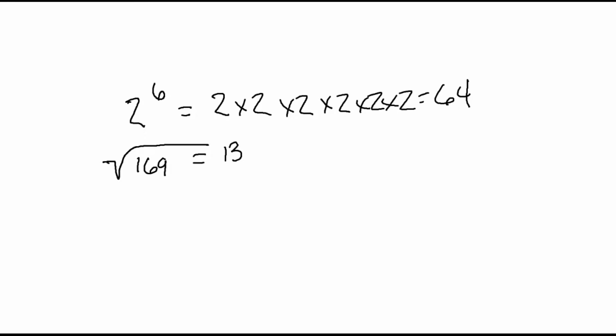So the square root of 169 is 13. Now we're going to combine the operations. We're going to calculate the square root of 10 to the 2nd power over 4.